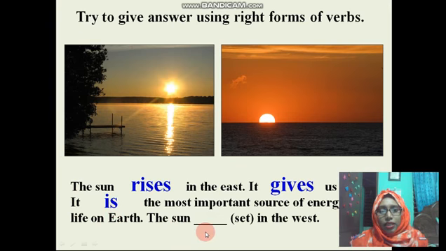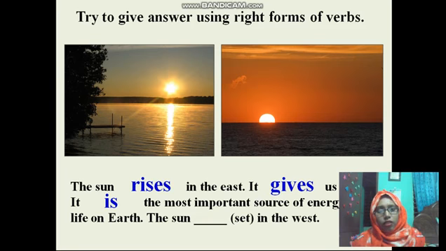Last one, the sun dash, in the bracket set, in the west. It means it is also present simple tense, because it's a universal truth.